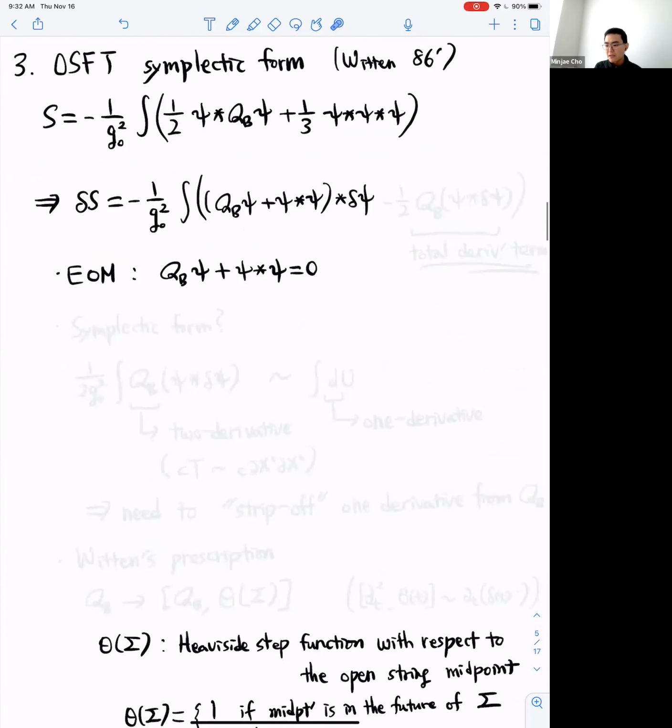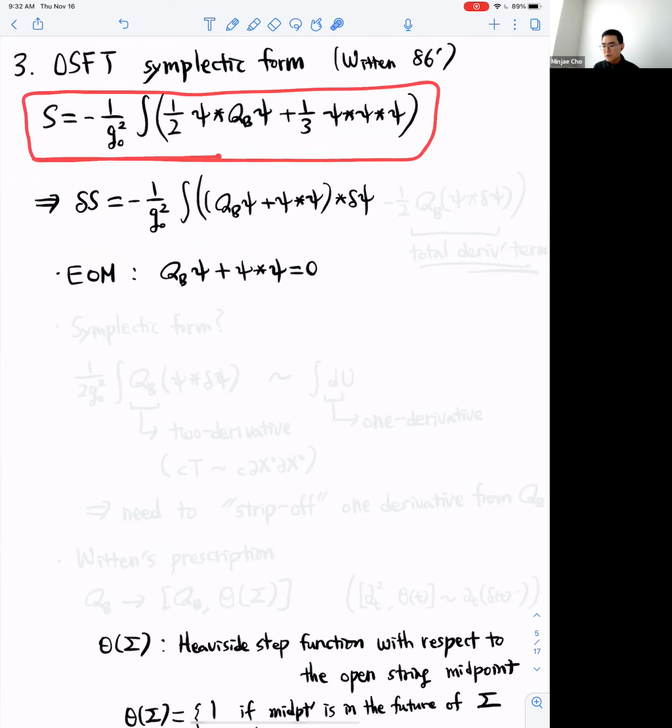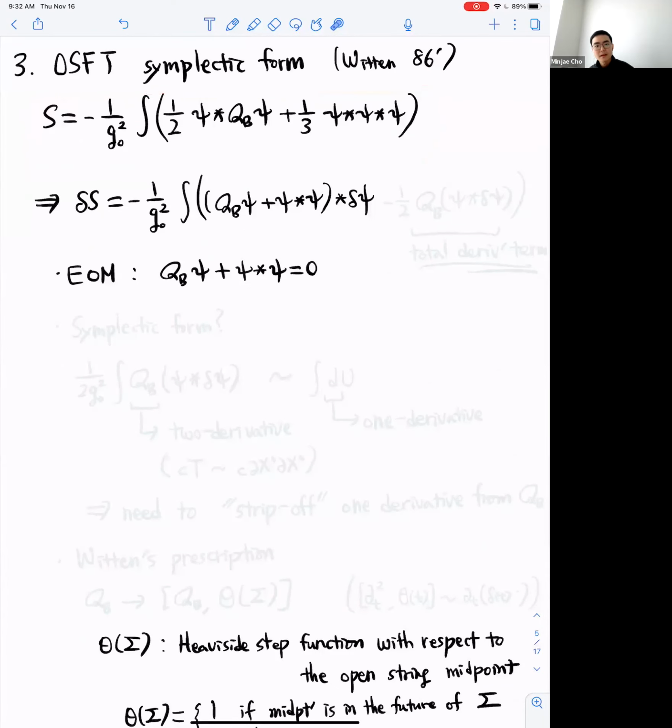Now let's finally come to the notion of this symplectic form in the case of open string field theory. And for this one, I'm going to follow what was introduced in Witten's 86 paper. This is our beloved Witten's cubic open string field theory action. And we vary the action.